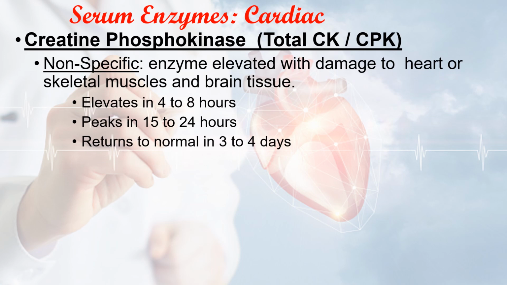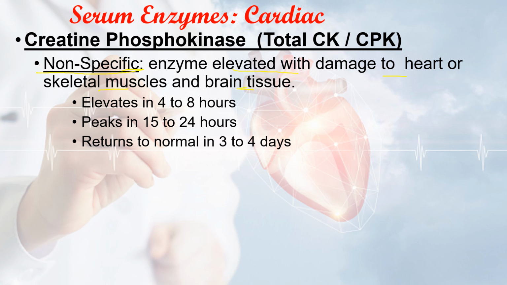The first and foremost biomarker is creatine phosphokinase, in short written as CK or CPK. When we consider creatine phosphokinase, it is a non-specific cardiac enzyme. Why? Because creatine phosphokinase is elevated with damage to the heart or to any skeletal muscles and brain tissues.